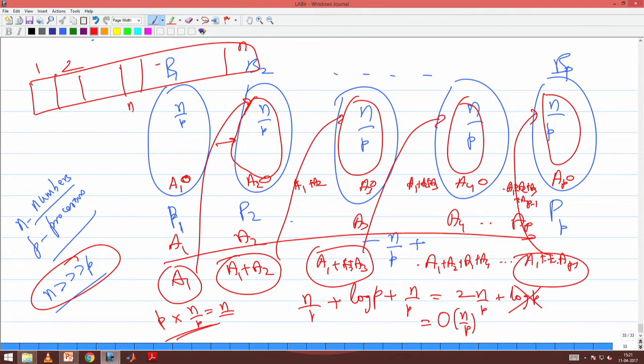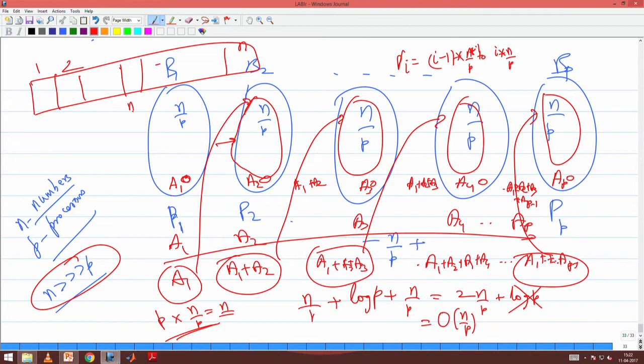So Pi will read from (I minus 1) into n by p plus 1 to I into n by p. Ultimately, everything will be stored in the array itself, and you go and read from that array.